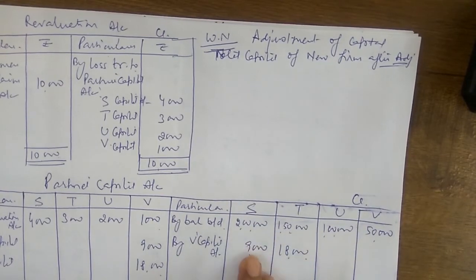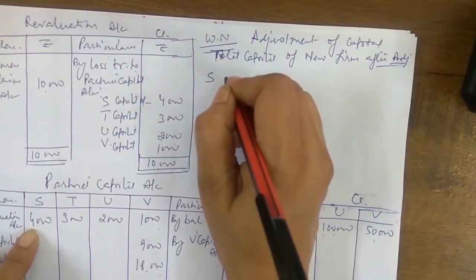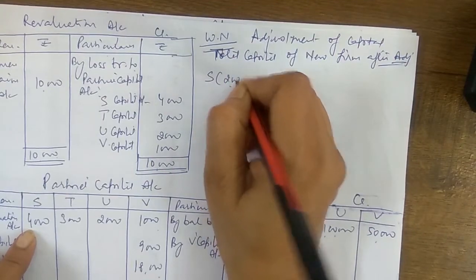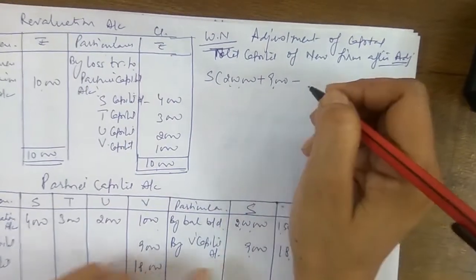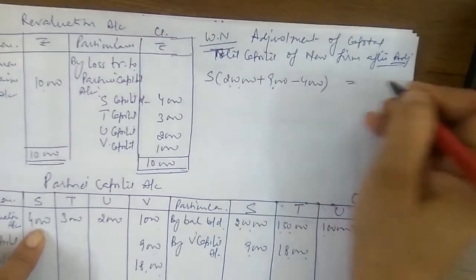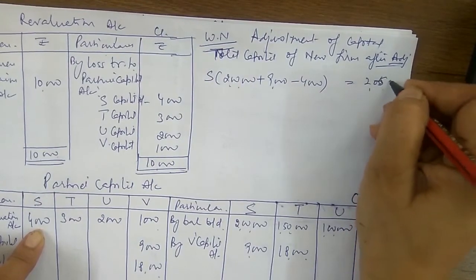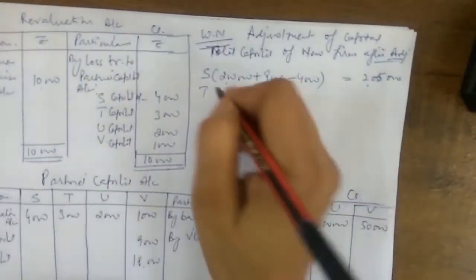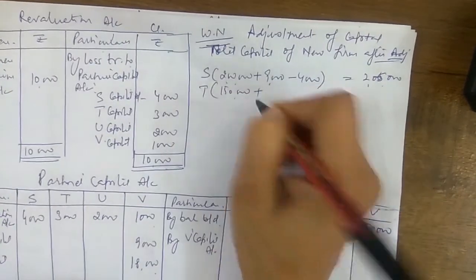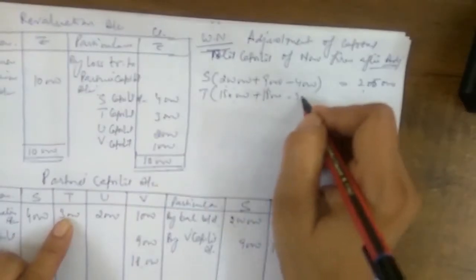तो हम देख सकते हैं कि 2,09,000 माइनस 4,000. तो हमारे पास एस की कैपिटल क्या आई है बच्चे? 2 लाख plus 9,000 minus 4,000 debit. So what is the capital of S? It is 2,05,000. Likewise T, it is 1,50,000 plus 18,000 minus 3,000.